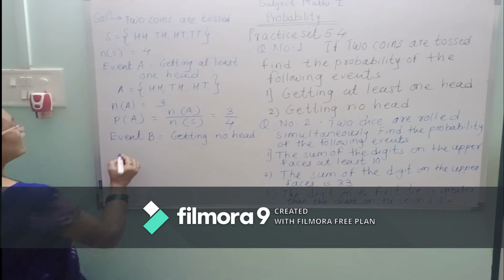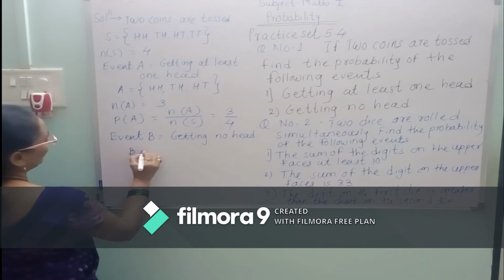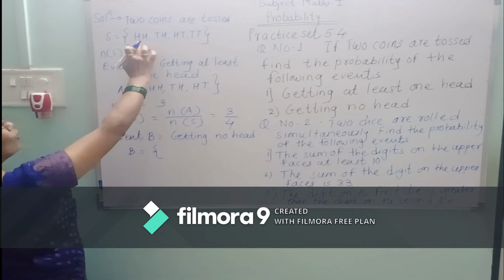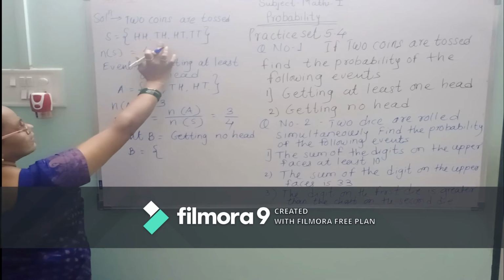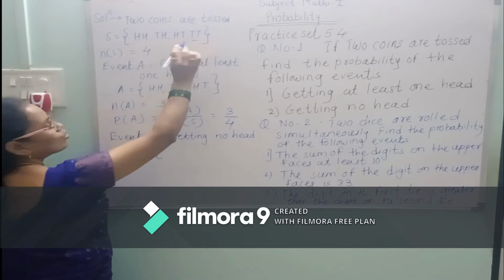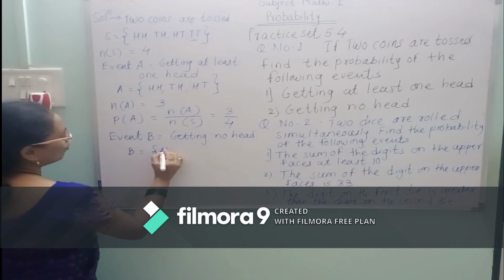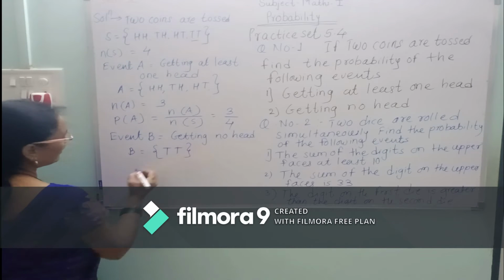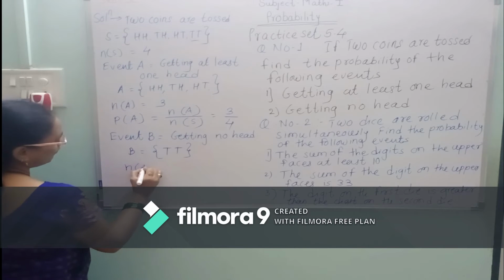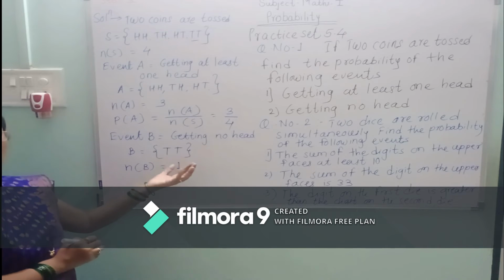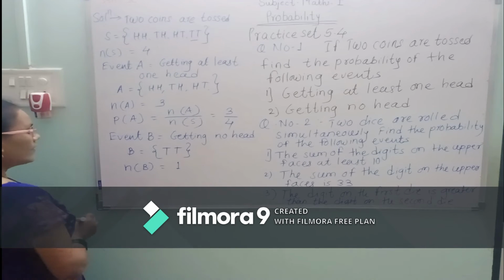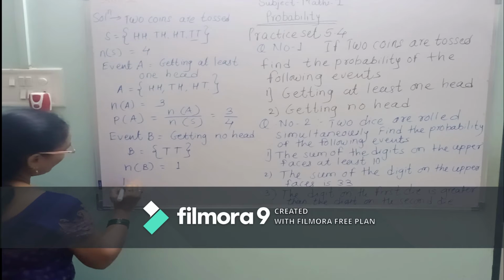So event B in curly brackets is only tail, no head. Here is a head, here is a head, here is a head, so here is no head. So the sample point is TT and n(B) is 1.